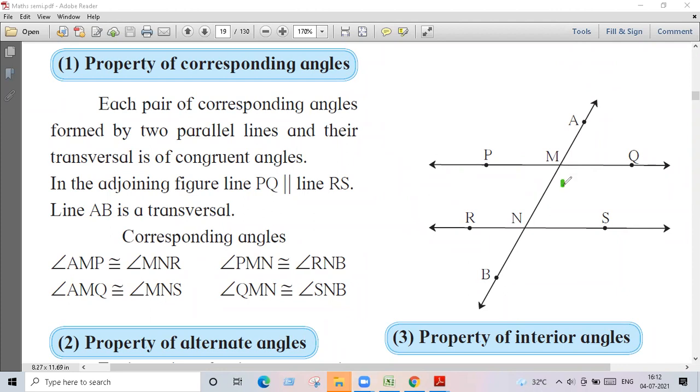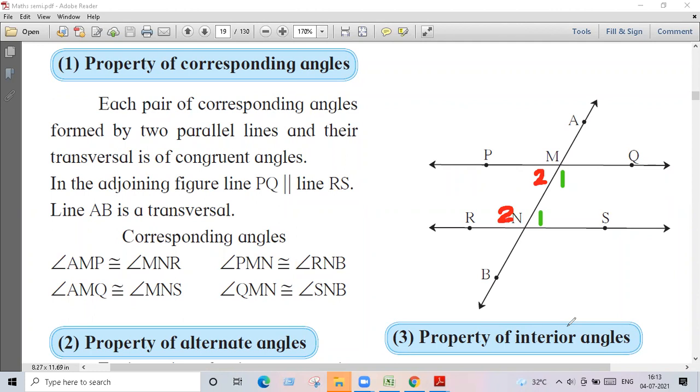So the first pair is QMN plus MNS; the addition of these two angles is 180. The second pair here is PMN and MNR.